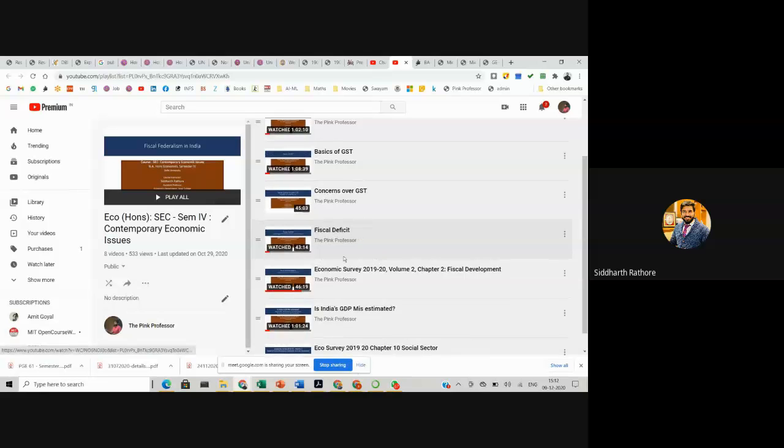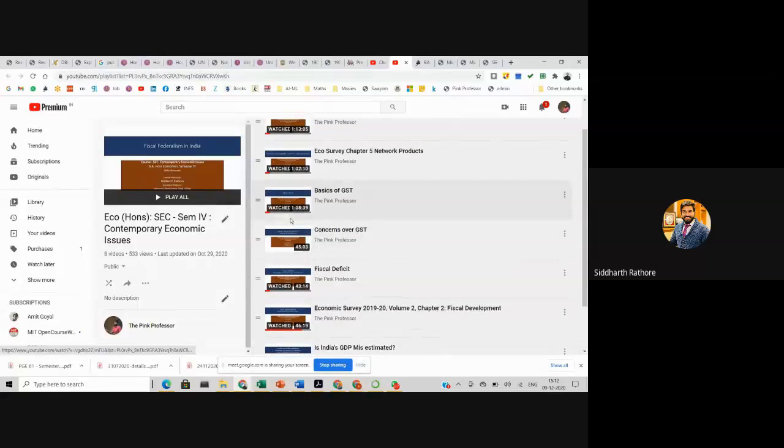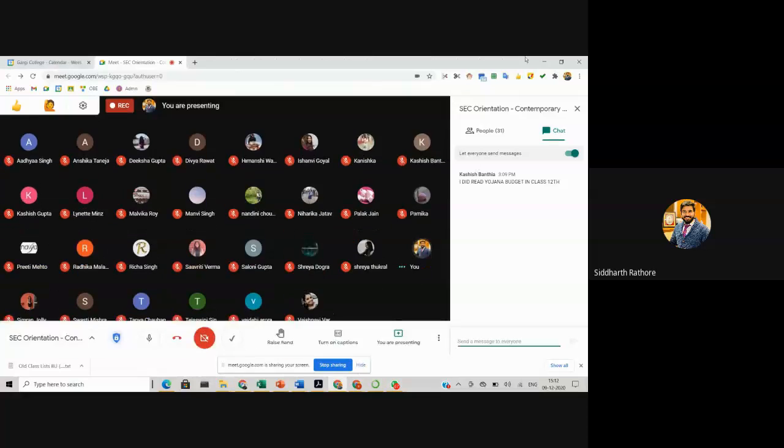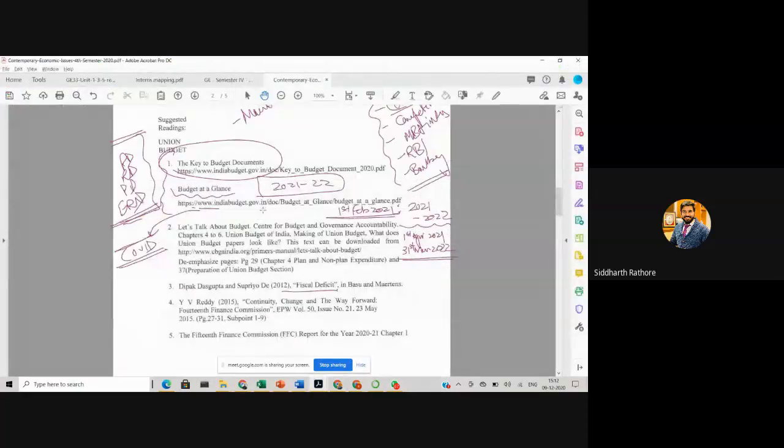For example, the fiscal deficit reading is already discussed, GDP misestimation is already discussed. These will change because the new year's survey will bring new readings, but these are already discussed. GST and fiscal federalism are also already discussed. So you can watch this as a pre-read, and I will put up whatever updates there are on my website. Then we will talk about more contemporary stuff, so that you go through the reading beforehand, and we can talk about new stuff which is not in the reading.